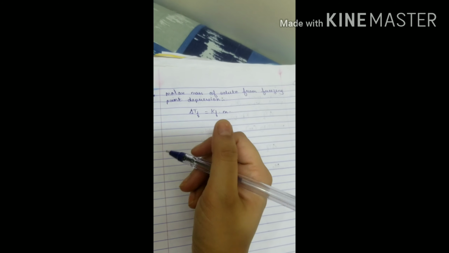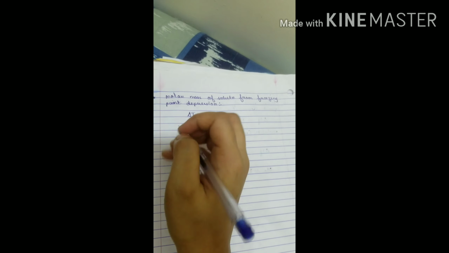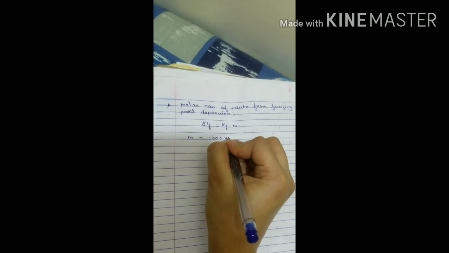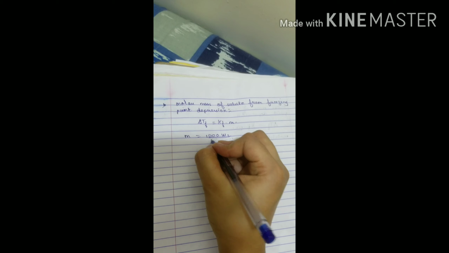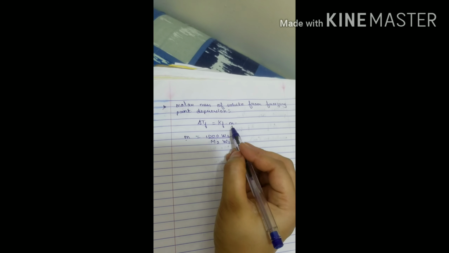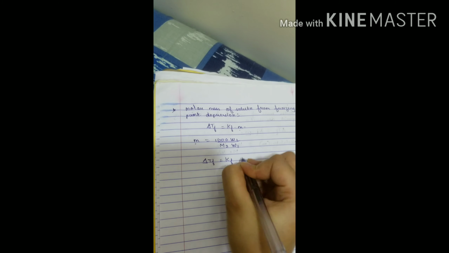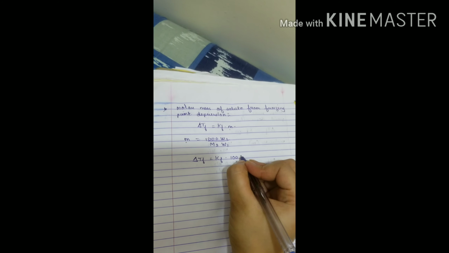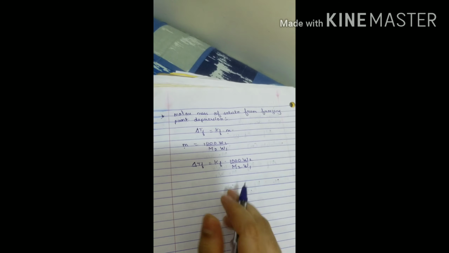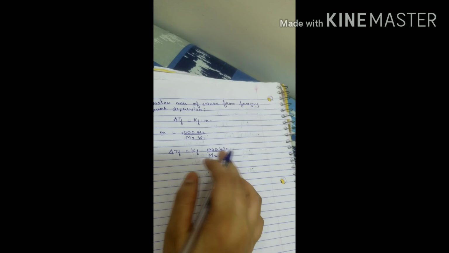Now if you remember, when we were deriving boiling point elevation, we had deduced the equation for molality, that m is equal to 1000 W2 upon M2 W1, right? So this value we are going to substitute here. So you will get delta Tf is equal to Kf dot, in place of m substitute this value, 1000 W2 upon M2 W1. Since we are interested in the molar mass of solute, we will take this M2 out.